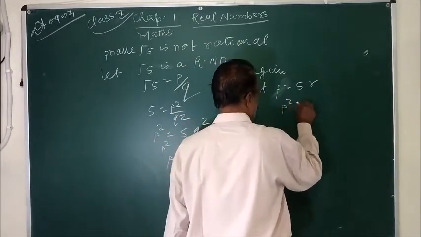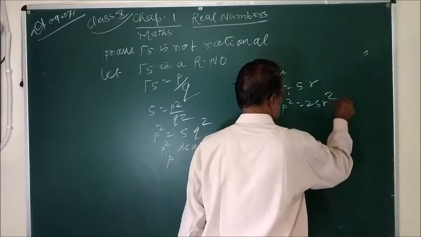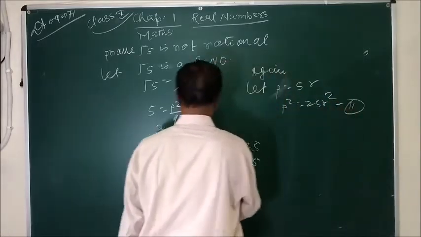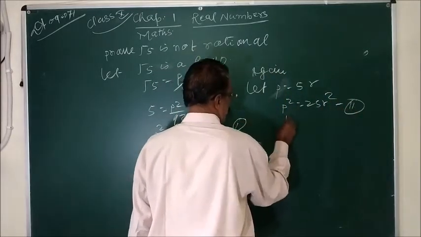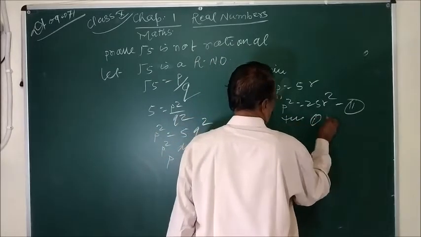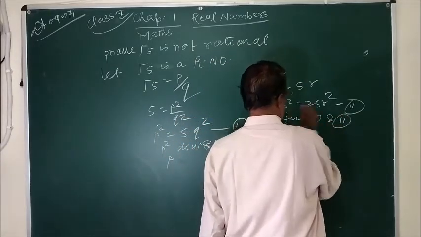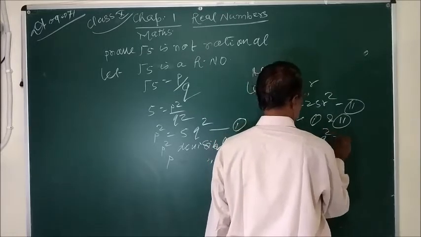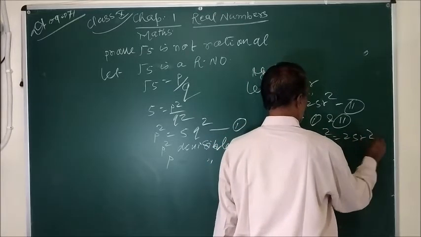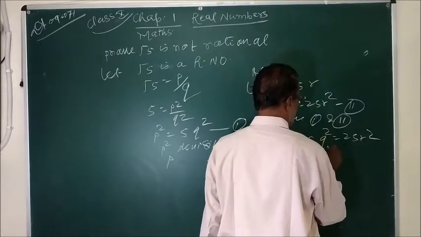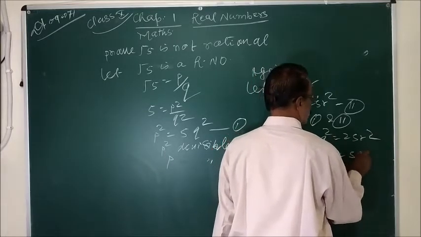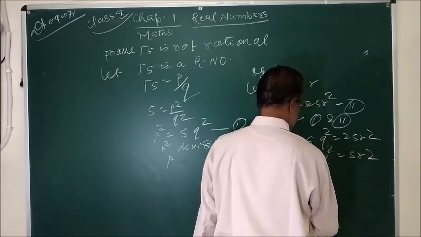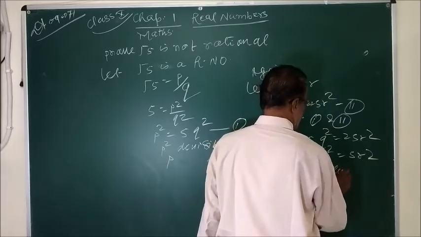Squaring both sides, you will get p square equals 25 r square; this is second, and this is first. What do you see from first and second? The left sides are equal, so the right sides will be equal: 5q square is equal to 25r square. Dividing both sides by 5, q square is equal to 5r square. So q square is divisible by 5.